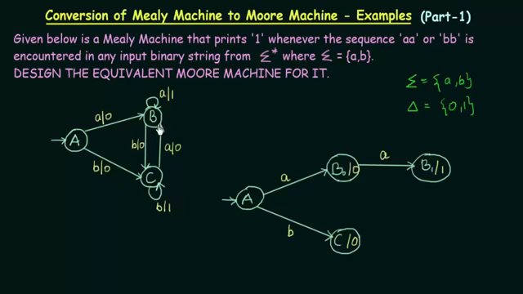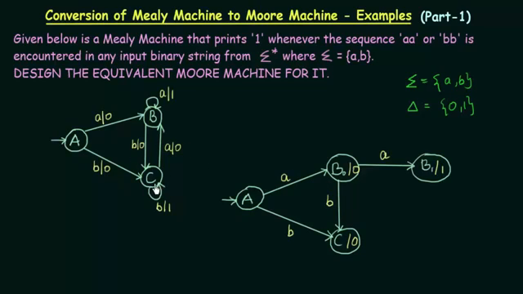Now let's see what happens to state B when it gets the input small b. On getting the input small b, B goes to state C, and the output associated to C should be 0. So I can send it to this C over here, because this C already has the output 0 associated to it. So I will send B to this state C when it gets the input small b.